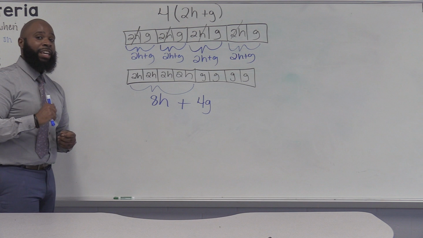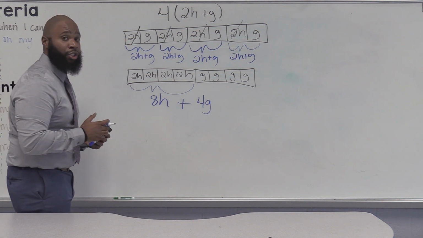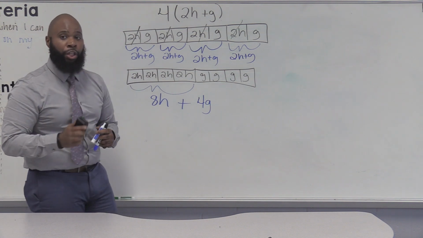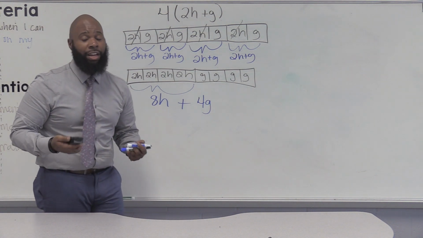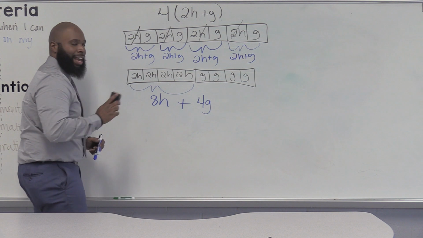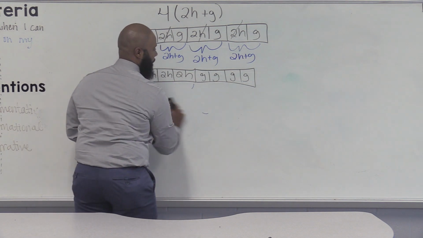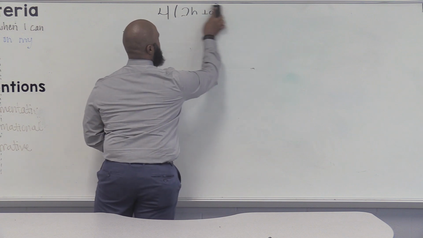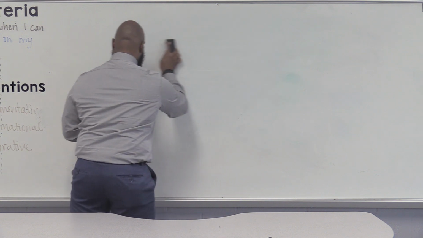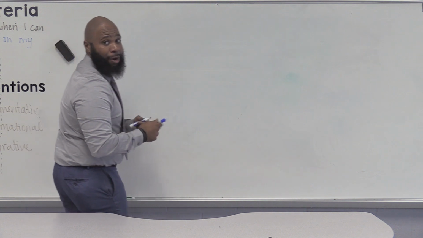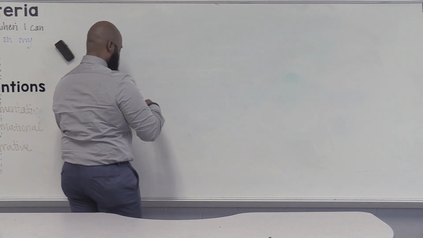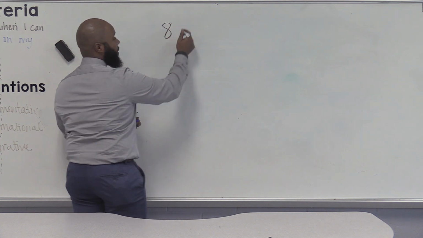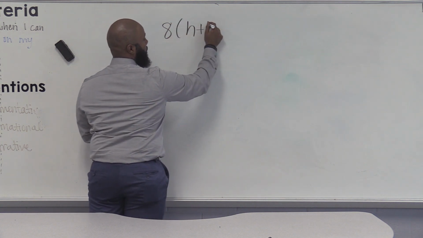Great. So I'm going to give you a couple more problems that I want you to try on your own. You can choose if you want to use a model if needed. If not, you can just go ahead and combine your like terms to create that equivalent expression. So let me erase this. And here's your problems. The first one, I have 8 times h plus 3.